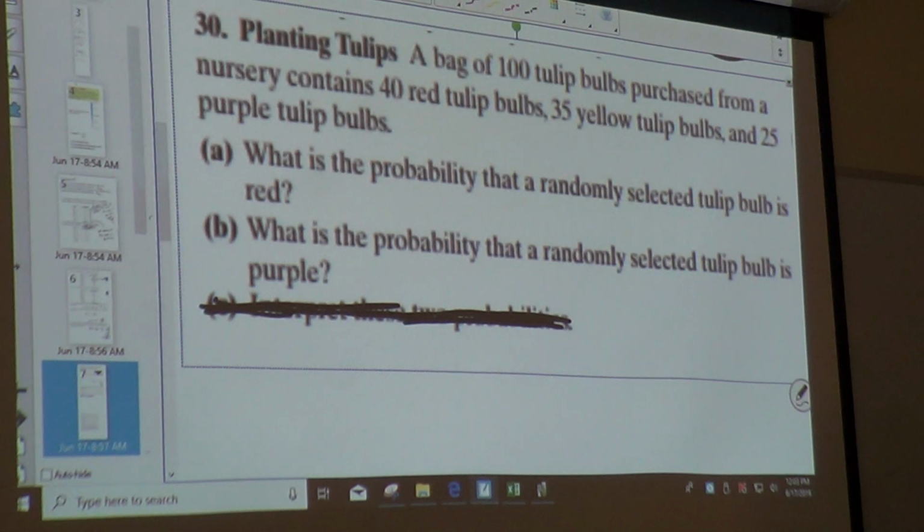Easy. The next two are kind of tough. Next one's tough, next one's easy, and the next one's tough.